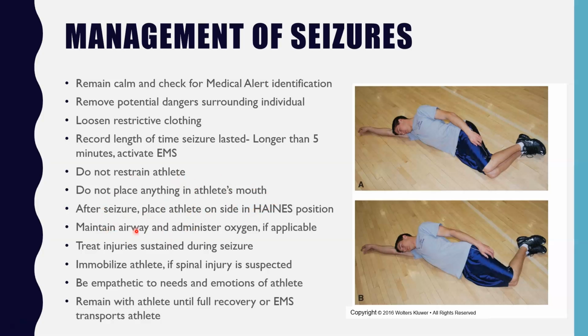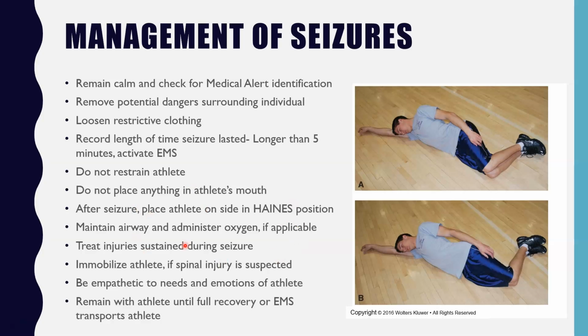After the seizure is over, right, and you don't have the jerking, it may, like it said, take a while for some of that brain function to reboot. Put them in the Haynes position, which is just this position here, sideline on their arm. Allows for good airflow, potential for any vomitus to be dealt with as well.